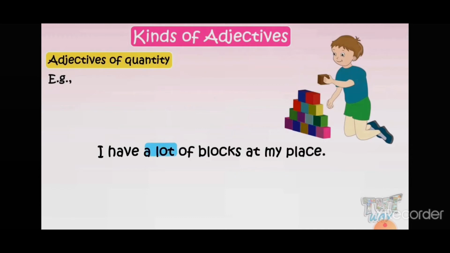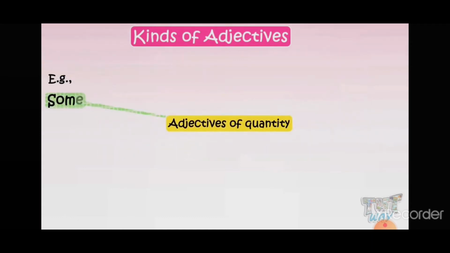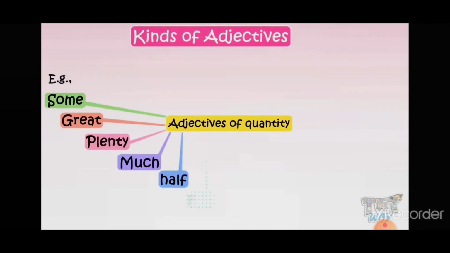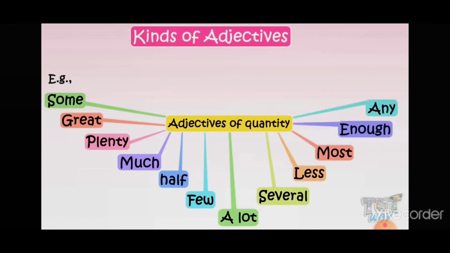Here, the word a lot is an adjective of quantity. So, there are many adjectives of quantity, like some, great, plenty, much, half, few, a lot, several, less, most, enough, any, and just so many more.